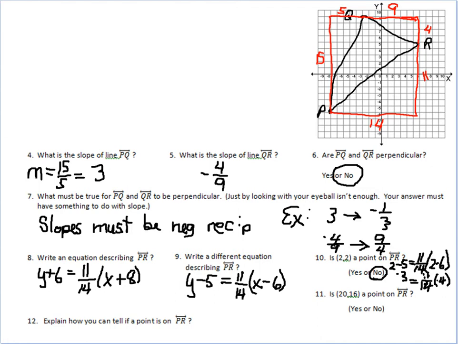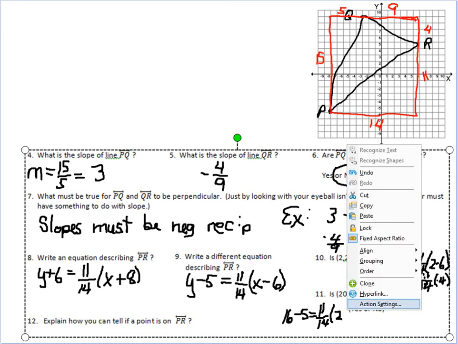When we plug in the 2016 point, let's take a look. I'll put the 16 in for the y. Is 16 minus 5 equal to 11/14? Put the 20 in for x, that's going to be 20 minus 6.